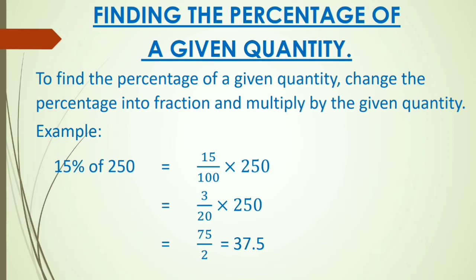Now 15 by 100 can be simplified as 3 by 20, then multiply by 250. Again, to simplify, we can cut both the zeros on numerator and denominator. Then we get 3 into 25, that is 75, then divided by 2. So 75 divided by 2 is 37.5. So we have got the answer. 37.5 is 15% of 250.